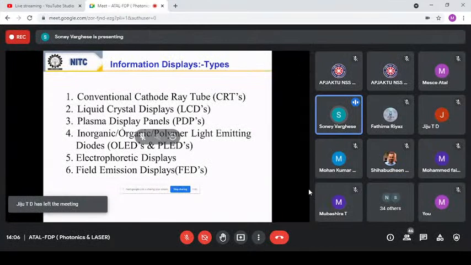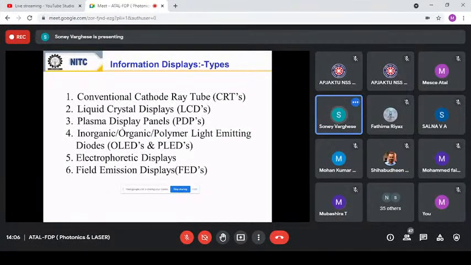I think most of the companies have shut down the manufacturing plants and have completely moved to the new display devices. Moreover, plasma systems are also available, and we have inorganic or organic LEDs, such as OLEDs or PLEDs. Most of your mobile phones may be AMOLED, active matrix organic light emitting diodes.